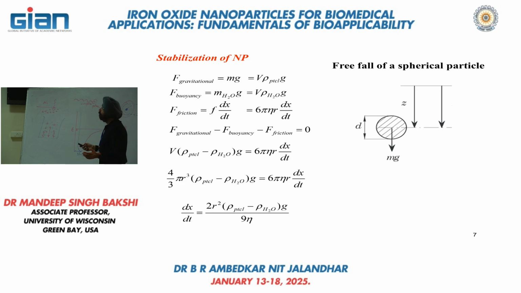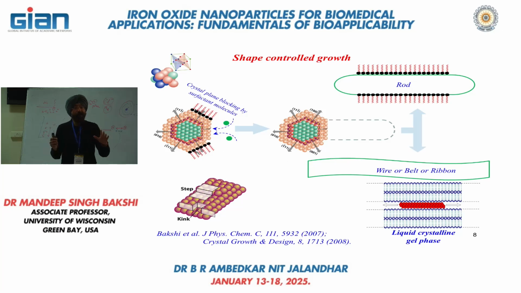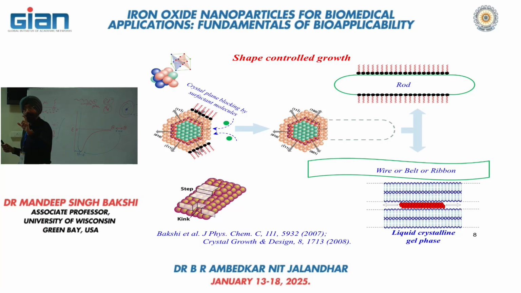Okay, now there is another aspect. If we have to use the nanoparticle for a typical kind of device, we have to control the shape of the nanoparticle. For example, if somebody asks you, okay, I have a very small cell phone or any other instrument, and I have very tiny parts of that device.